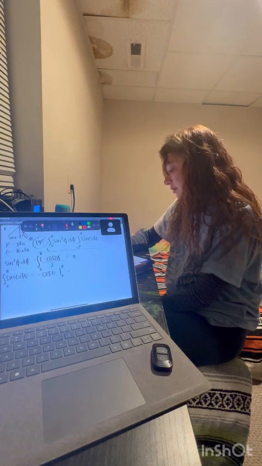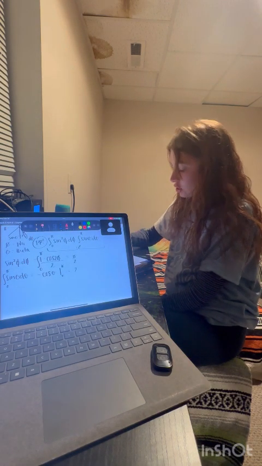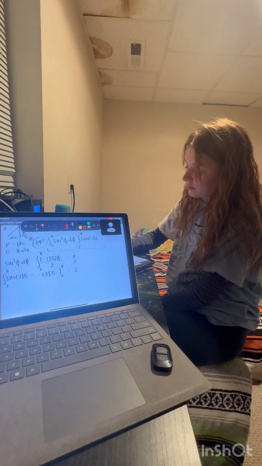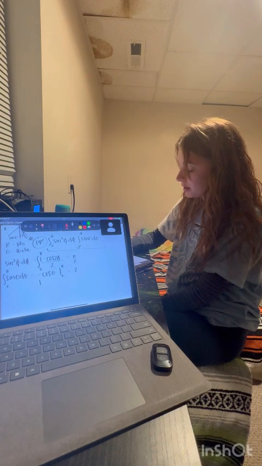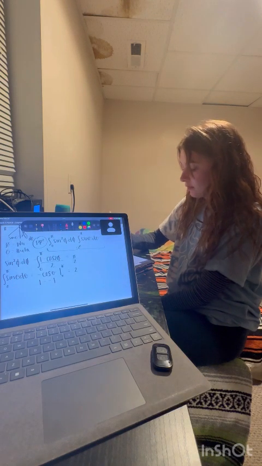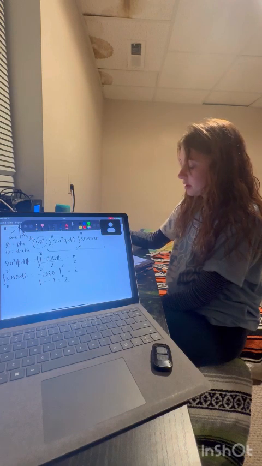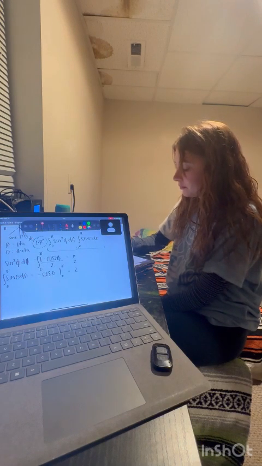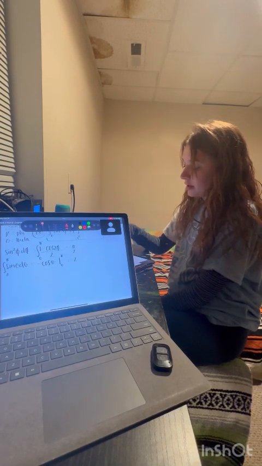This is pi over 2, and this is 2, because this one was the negative cosine of pi is equal to 1, and then negative cosine of 0 is negative 1, and that ended up equaling 2.